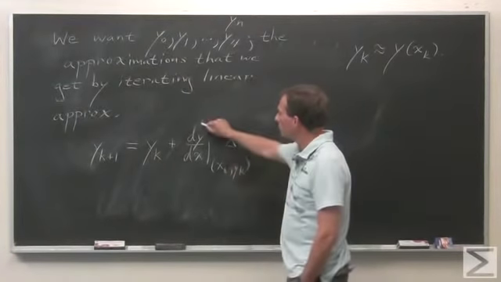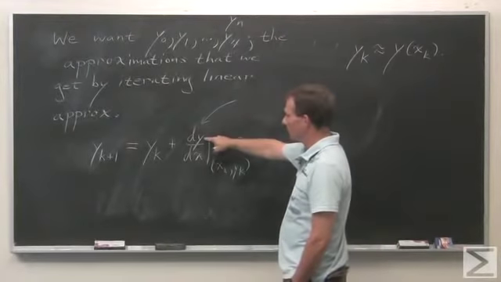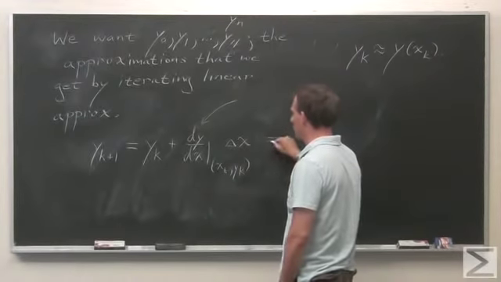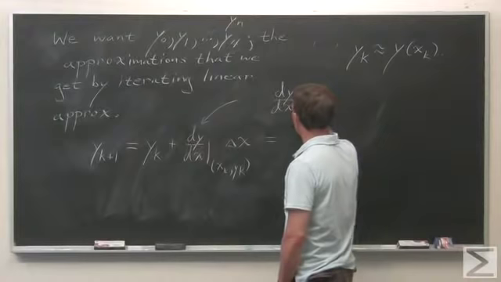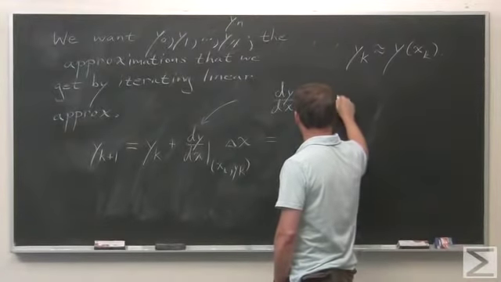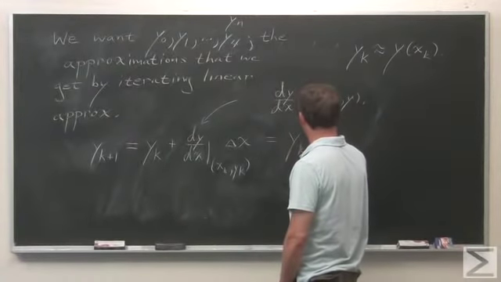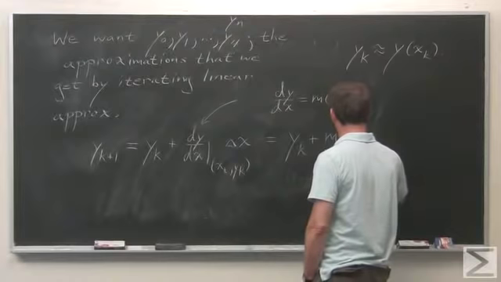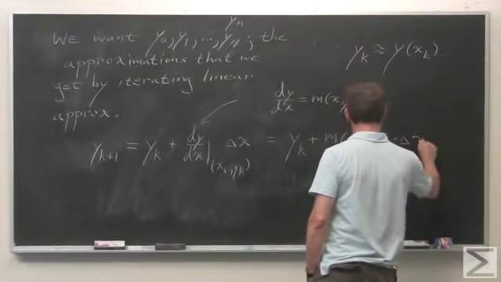But now you use that y is a solution to the differential equation that we started with. And the differential equation we started with was dy dx equals some given function m of x and y, which means you can put that in here and you get y sub k plus this function m evaluated at x sub k, y sub k, times delta x.